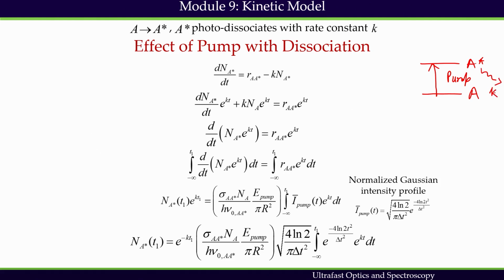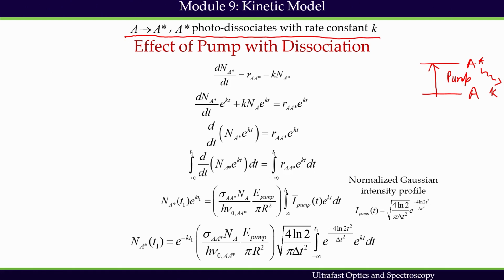We are not considering probe pulse yet. So, the process which we are going to discuss here is A to S star excitation, and then S star photodissociates to the product with a rate constant k.